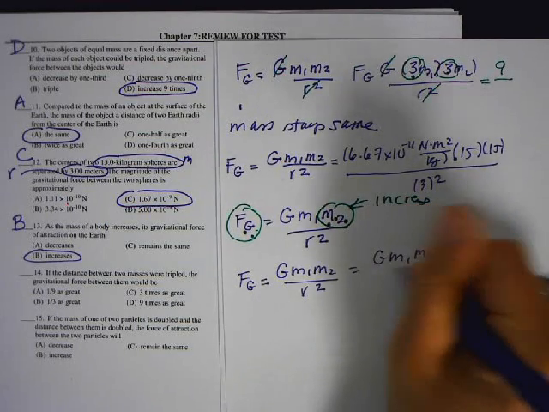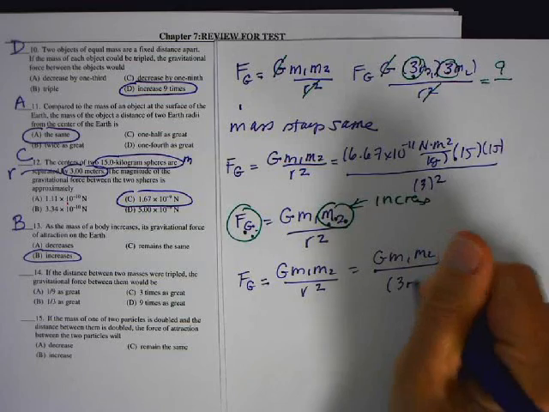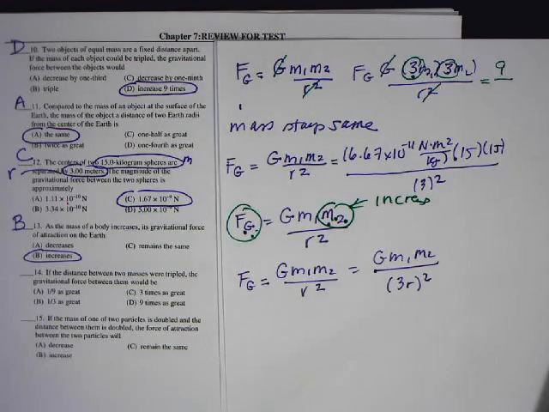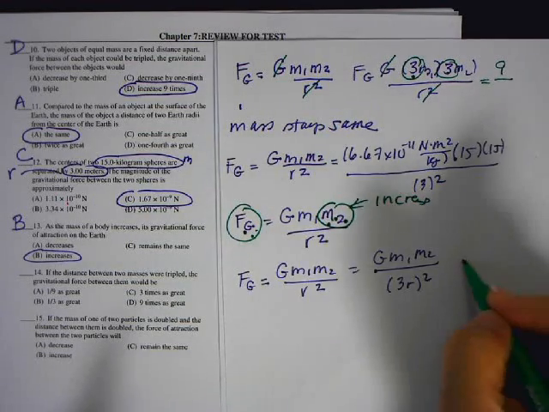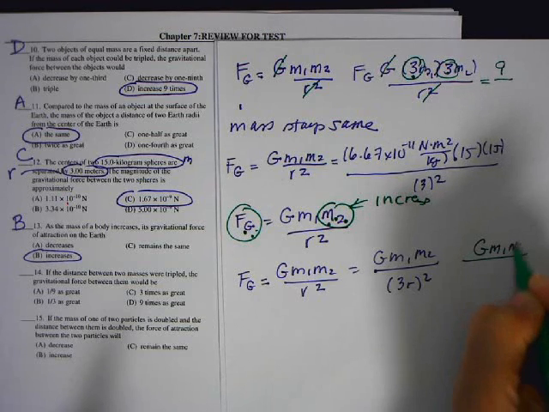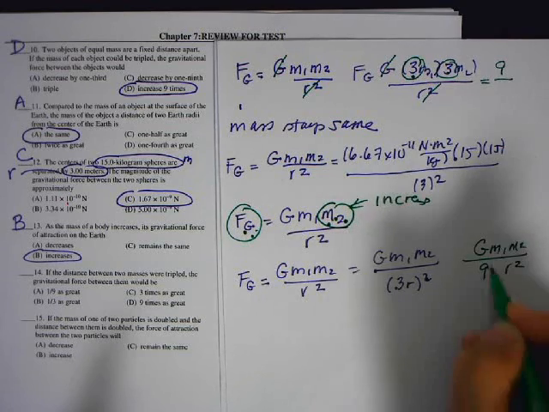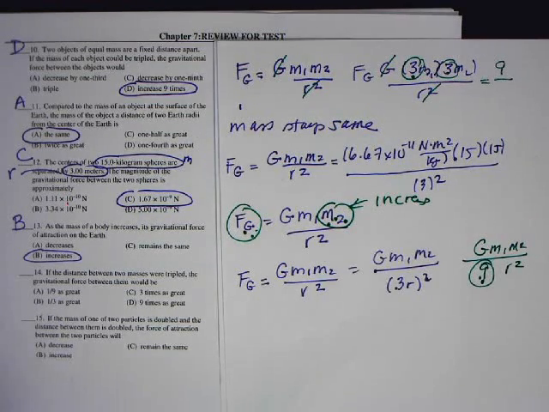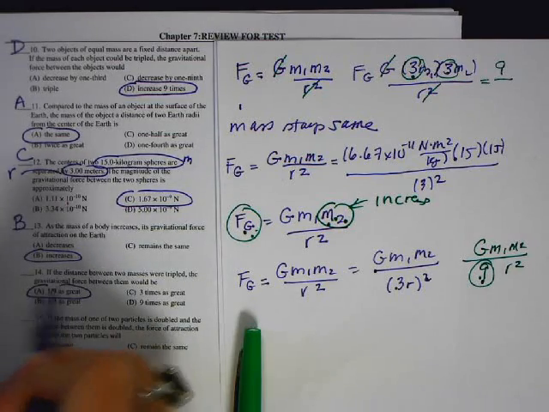So when I square this r, everything else is the same. The only difference is in the denominator, 3 squared is 9, so I have 9 in the denominator, so that's why it's 1/9. These are actually very simple, but you have to write down the equation. You don't do this in your head.